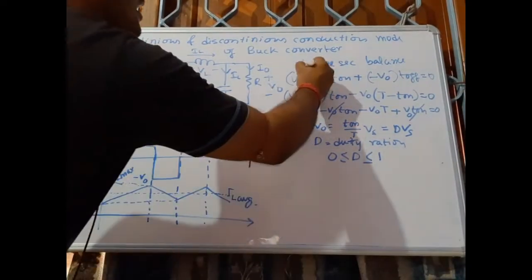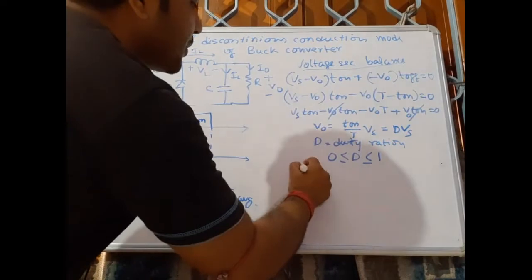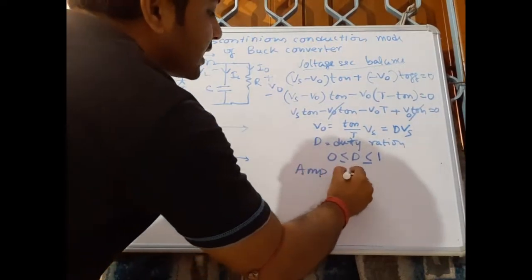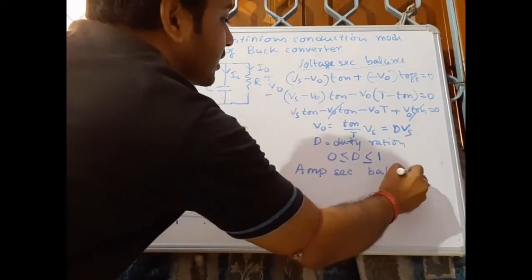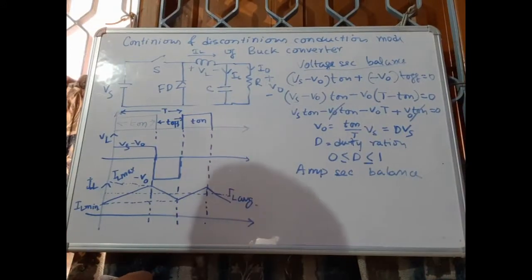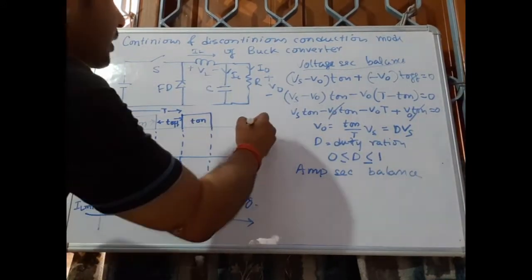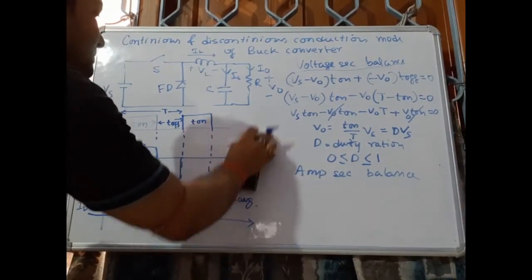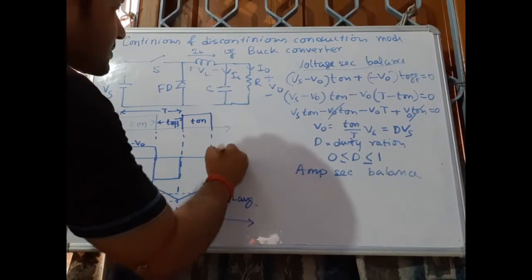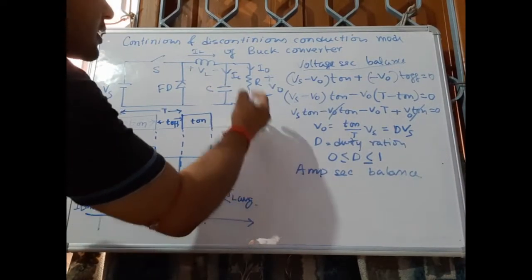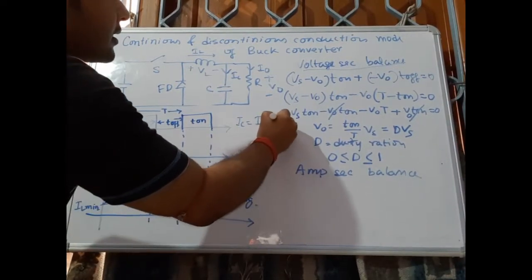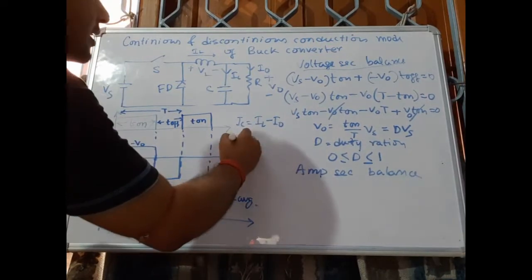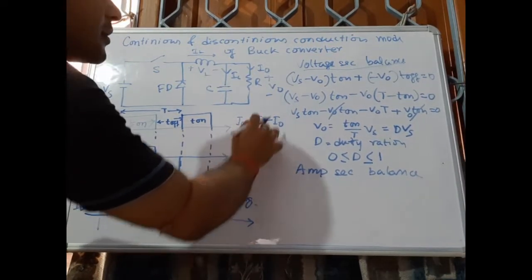Now if I do the ampere-second balance, what we have in the on condition: IC is equal to, we can remember, IL minus I0, and for the off condition it is also the same.